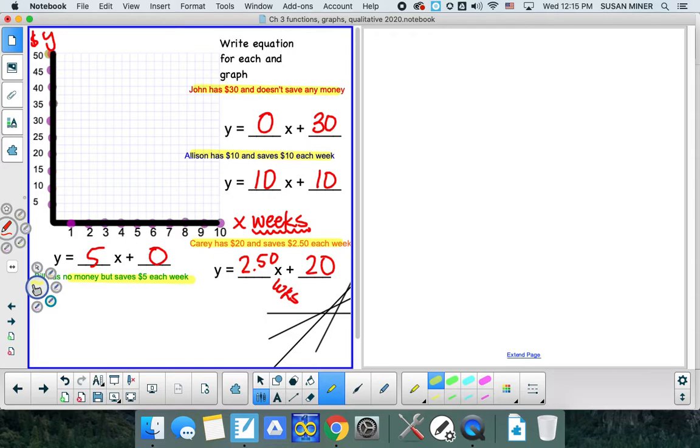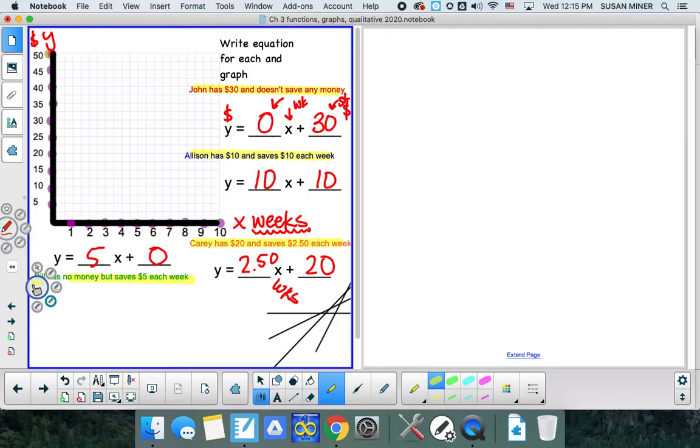So what this equation is telling me right now is that my total dollars saved is going to be equal to the amount that I save every week, right? Plus whatever my starting amount would be. These are my starting dollars, okay?